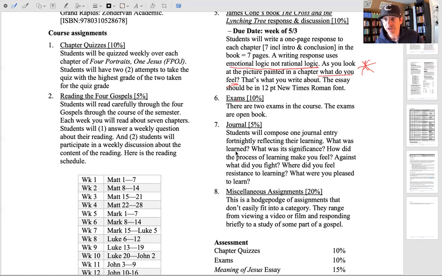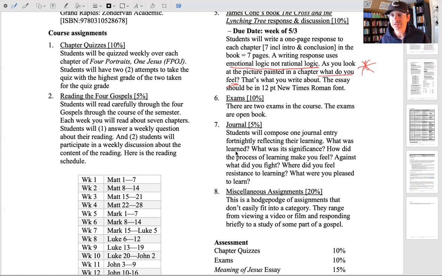Don't summarize content. Talk about the way the content struck you, or how you engaged with the content. Not 'here's what I learned about the Dead Sea Scrolls.' No, you want to think about its significance for you.